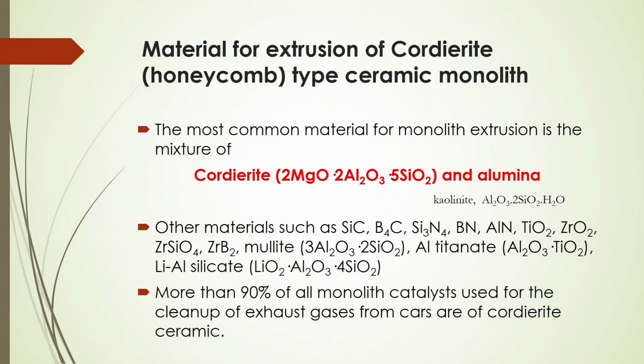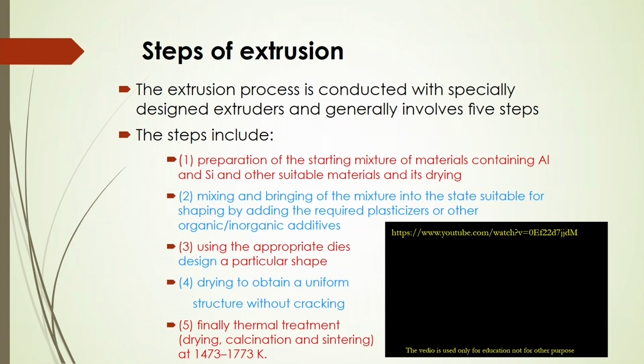Now, more than 90% of all monolith catalysts used for the cleanup of exhaust gases from cars are of this cordierite ceramic monolithic structure. So, this type of material is generally used for the extrusion in the preparation of ceramic monolith. Now, what are the steps of extrusion?